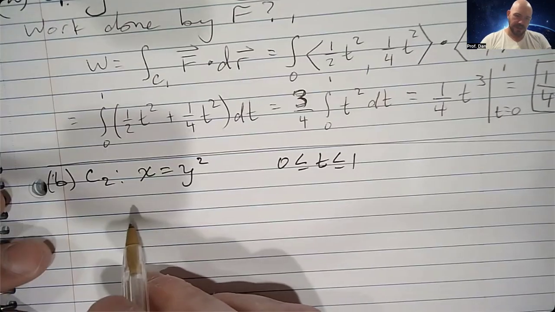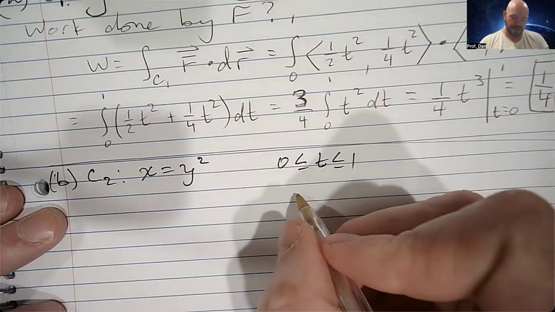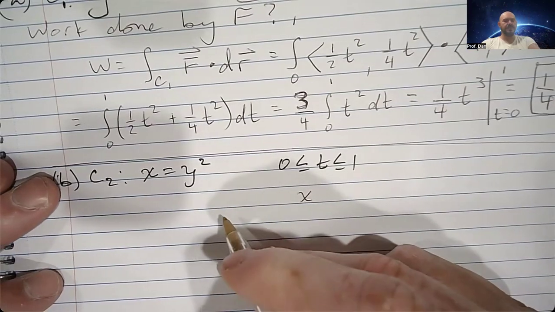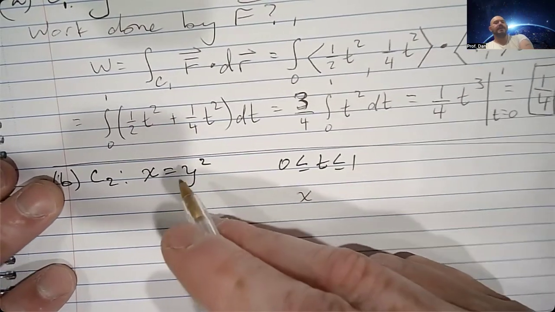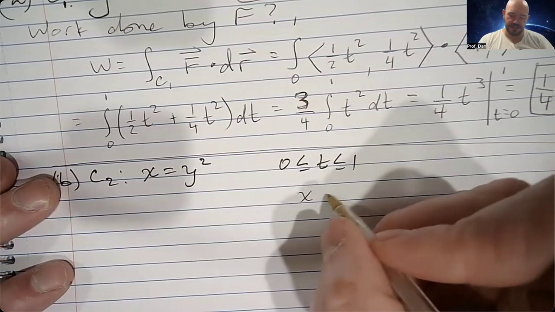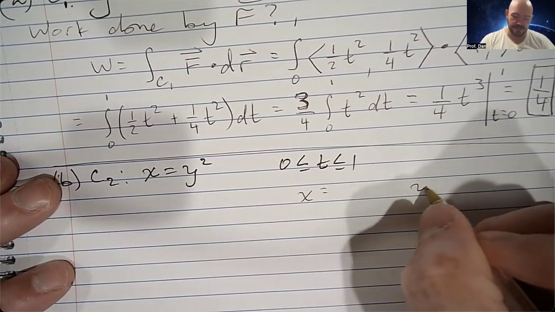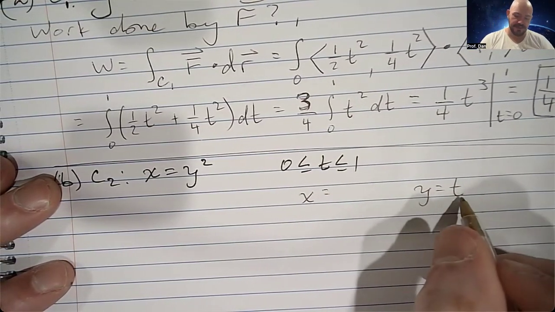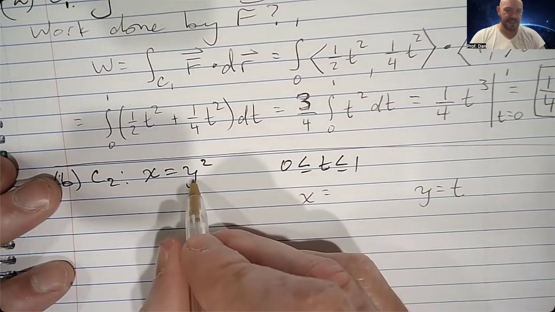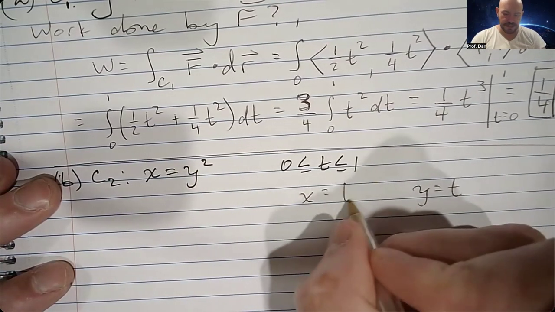We can also write parametric equations for this one fairly easily. Remember, if you have something raised to a power in an equation like this, it's usually a good idea to make whatever's raised to a power the t. So if I let y be equal to t, then x is just going to be t squared.